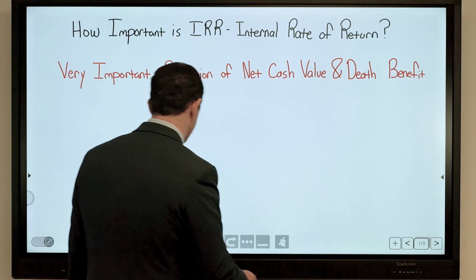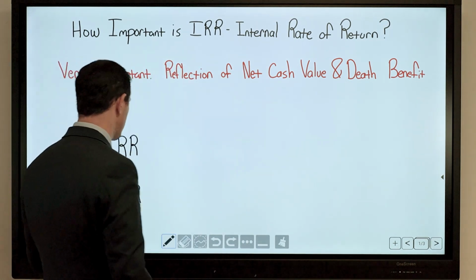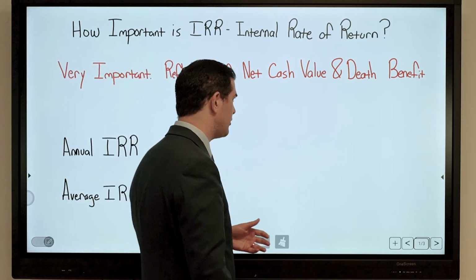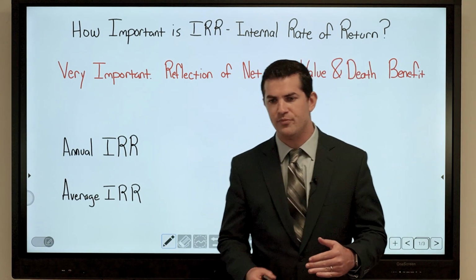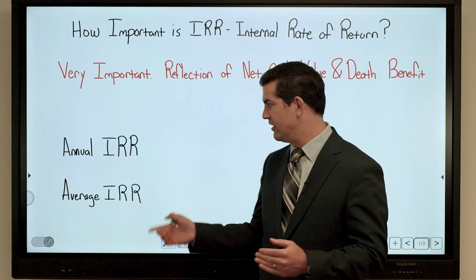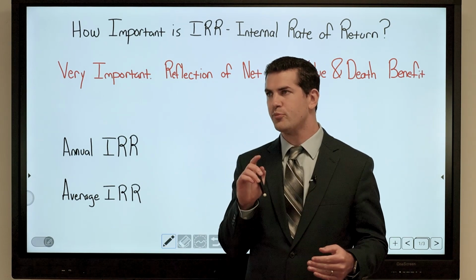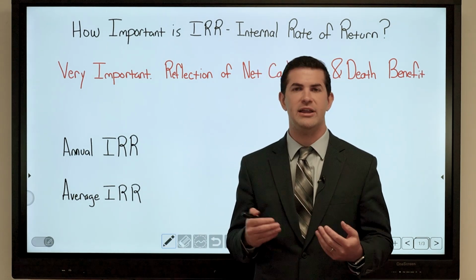Now, some things to look at when it comes to the internal rate of return is we have both annual IRR and average IRR. Why I like to make a distinction between the two is annual IRR would reflect what I'm earning each year.